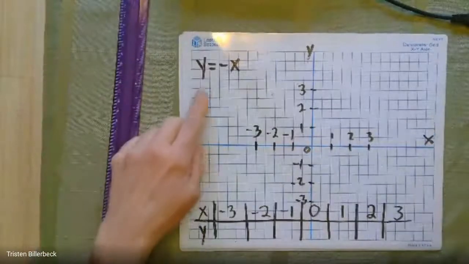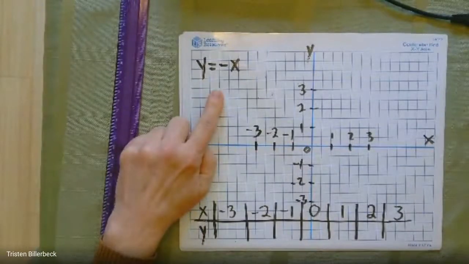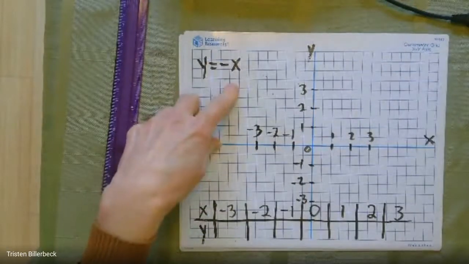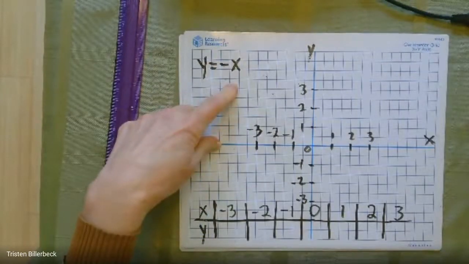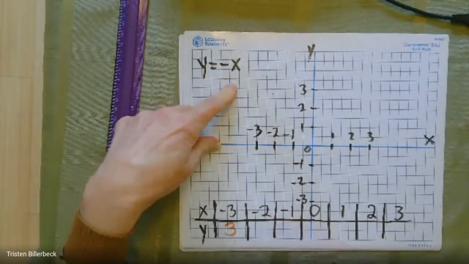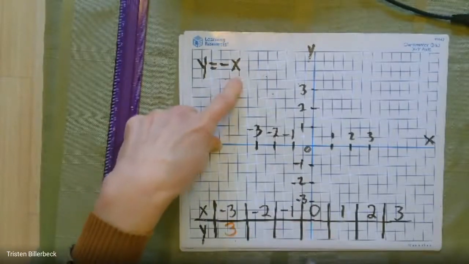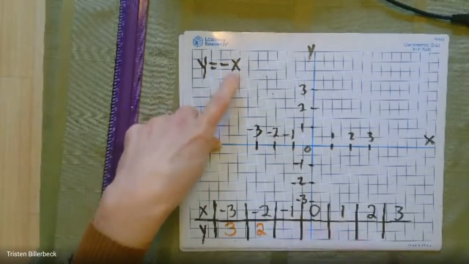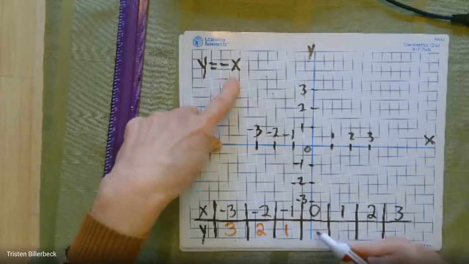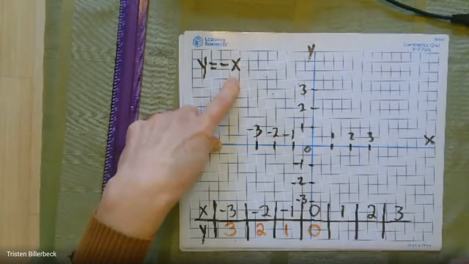Okay, we have y equals -x. So if I put in a -3, 2 negatives make, that's right, a positive. So we have a 3. -2 is +2, -1 is a +1. 0 is neither positive or negative.